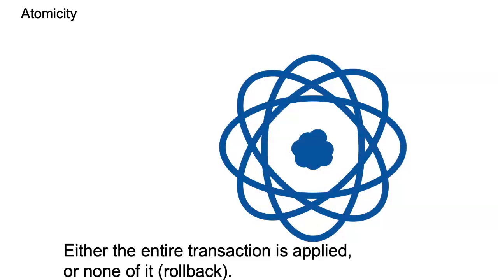Atomicity means that you might want to execute multiple queries, but you either want all of them to succeed or all of them to fail and not be applied. You don't want some of them to succeed and some of them to fail. Here, there is also a very good example, right?